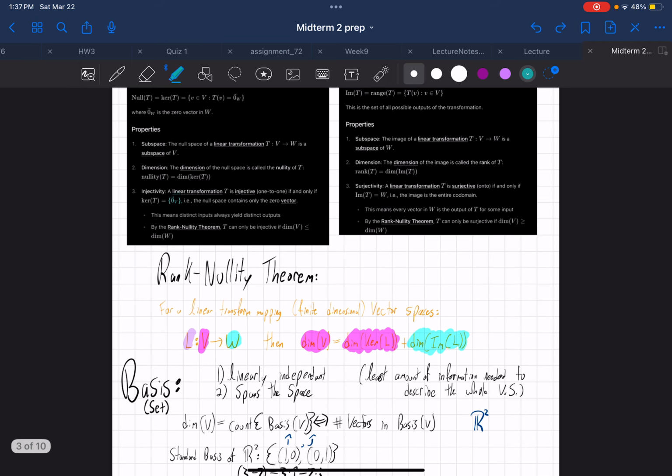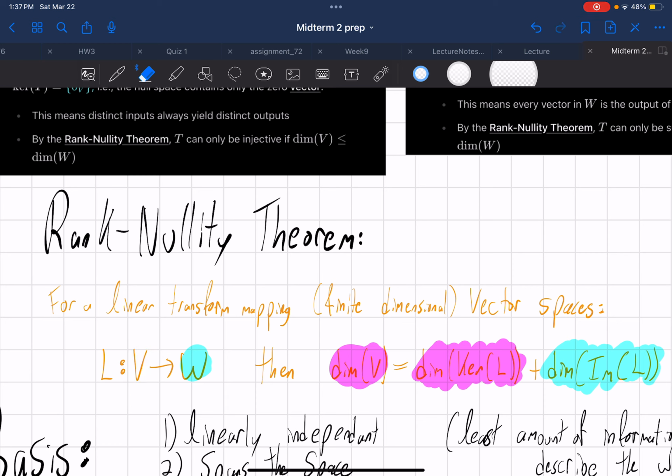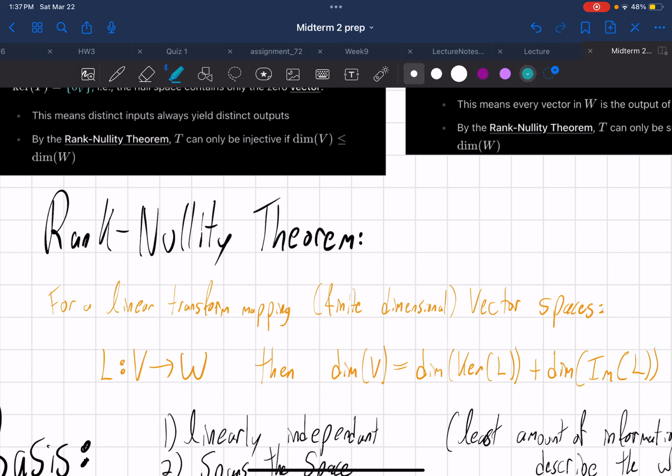Now, these tie really nicely into our idea of the rank-nullity theorem. So the rank-nullity theorem is essentially something that relates the domain of our input space to these other subspaces we just talked about.